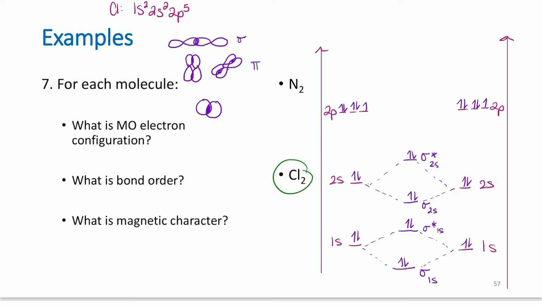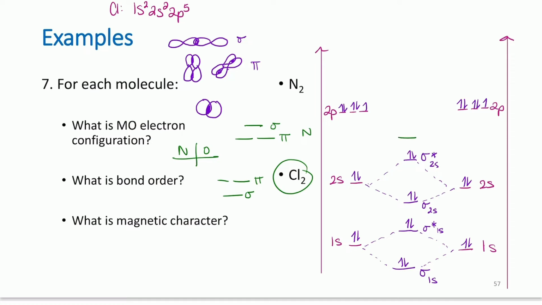But now we're at chlorine. And again, we talked about how nitrogen and oxygen is where it splits on the table. In nitrogen, I filled my pi, then my sigma for bonding. Once I hit oxygen, I fill my sigma, then my pi second.